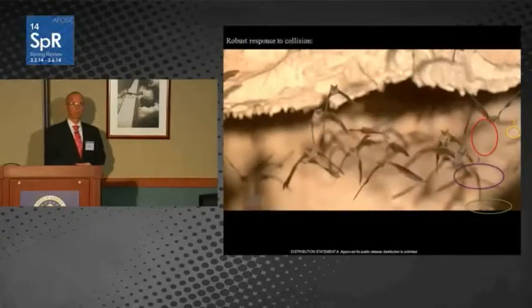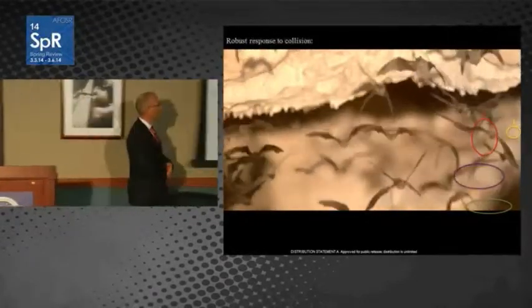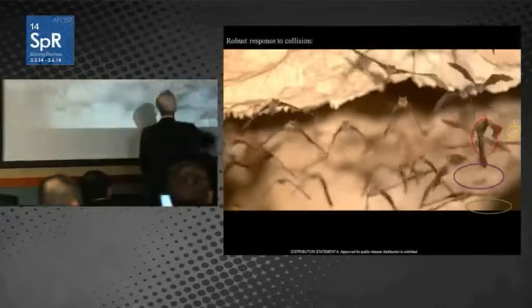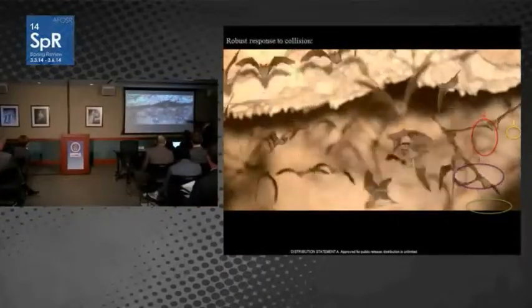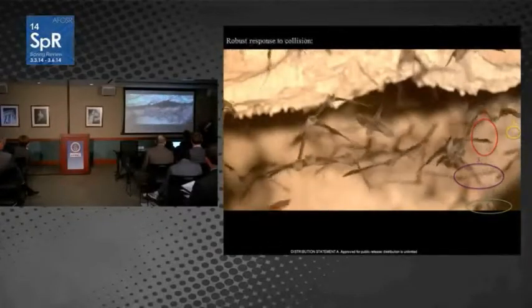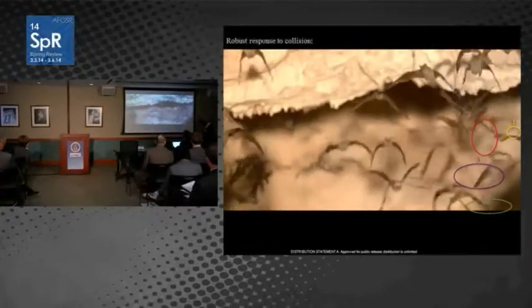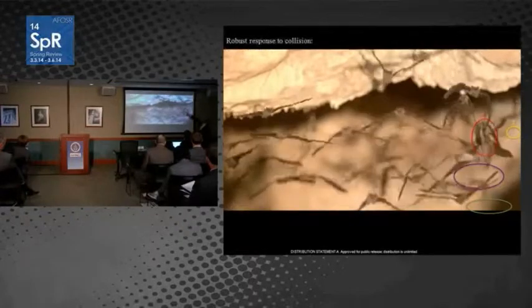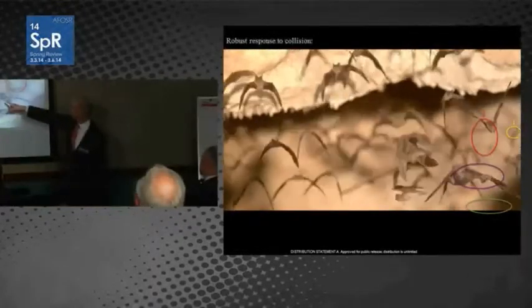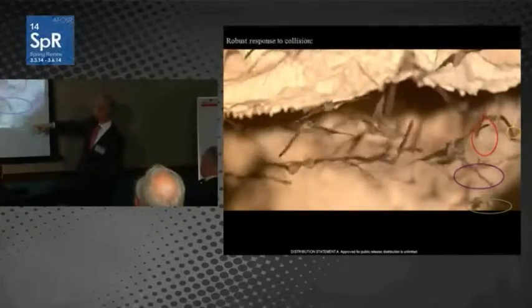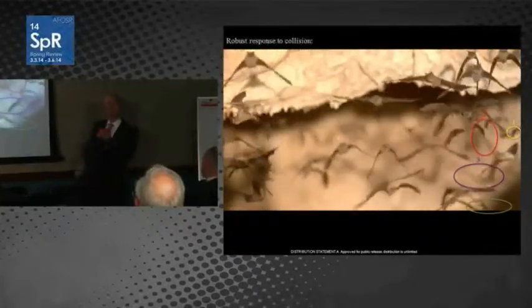One particular bat, circled in red, goes through a very complicated maneuver, interacts with another one, swats that one on the head with its wings, and it still manages to fly and maneuver.